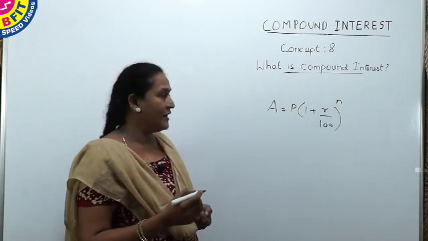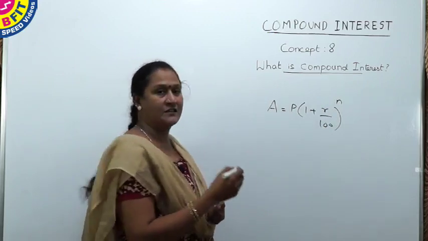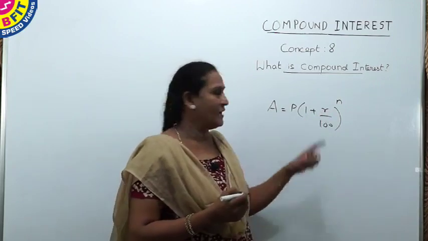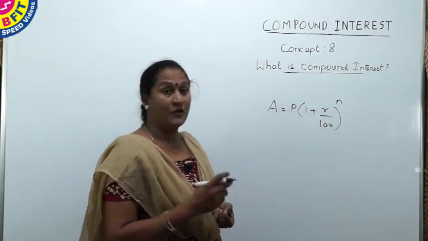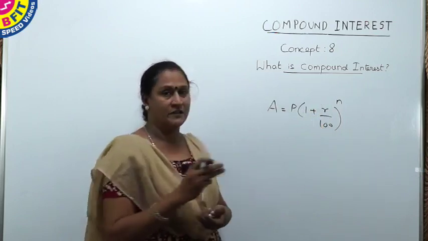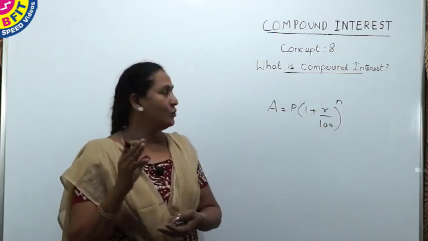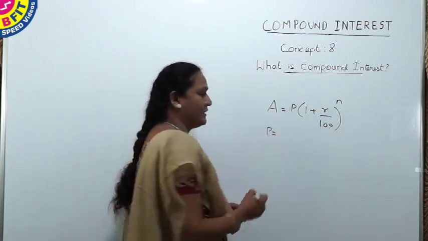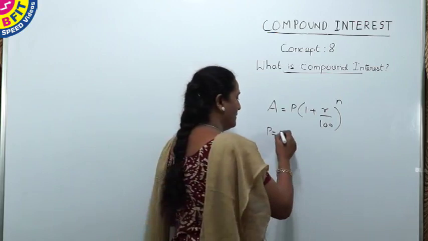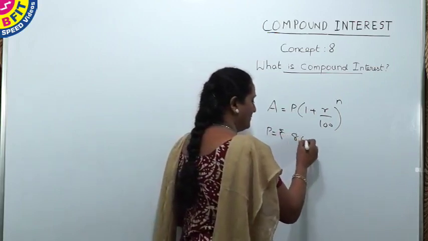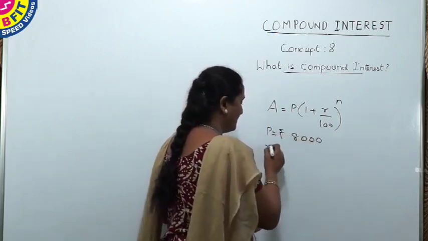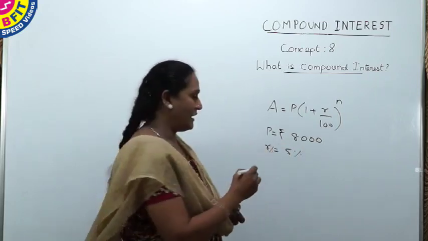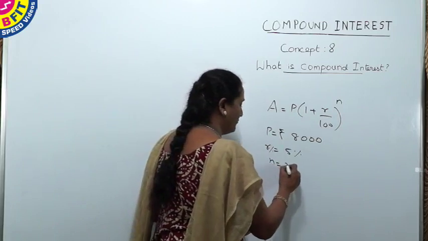So here the period is not mentioned, so interest is calculated for every 12 months. So it means rate is R and period is n. Number of years is 2, so interest is calculated for 2 years or 2 periods. The sum deposited, that is the value of P, is rupees 8,000, the rate percent is 5 and n is 2 years.